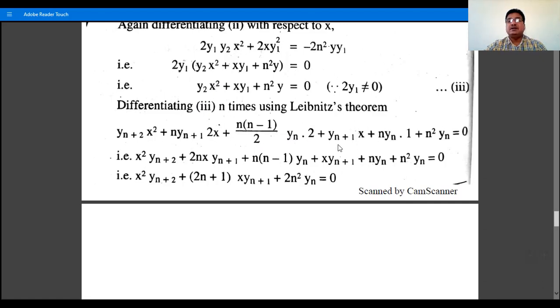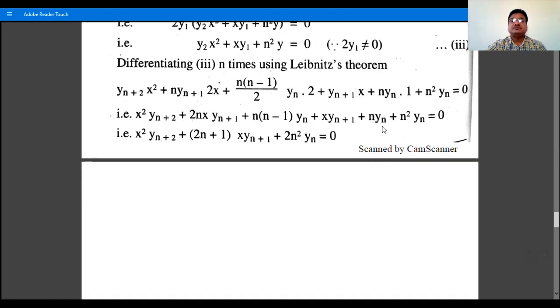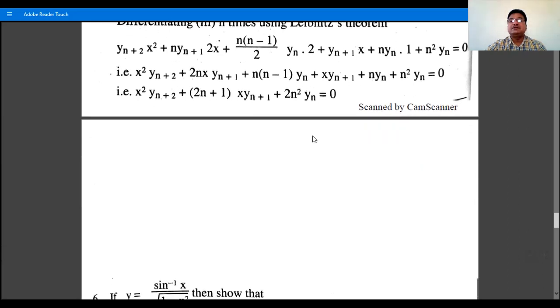Then for x y1, these two terms are the nth order derivative of x y1, plus n square y_n, the derivative of y as y_n, is equal to 0. And then cancel these two and collect the terms of x y_(n+1) and y_n, we have this.